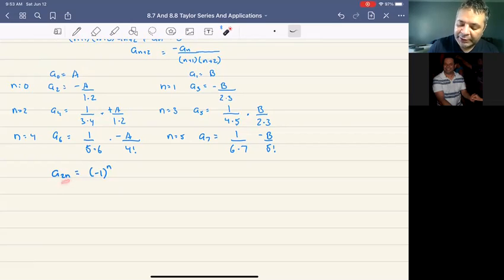N equals 1 is actually going to be this a sub 2, so -1 to the 1. Okay, so that's good. What's next? 2 factorial, 4 factorial, 6 factorial. So this should be 2n factorial. And there's, of course, the a on it.